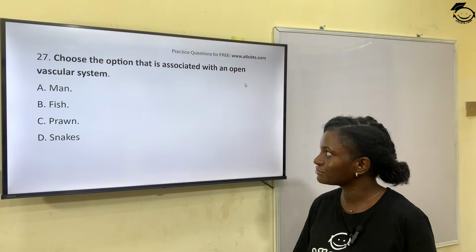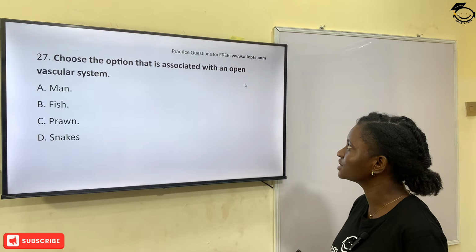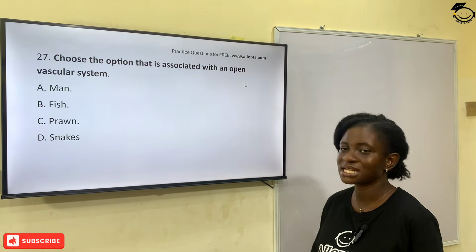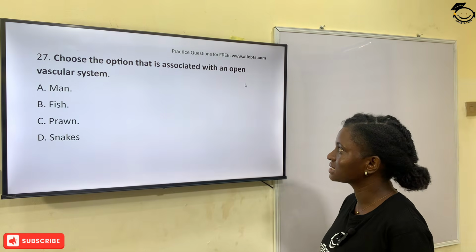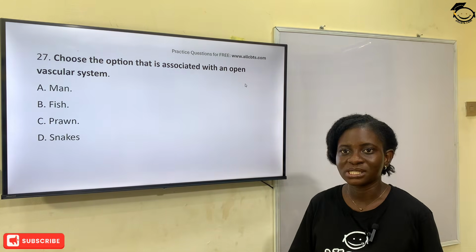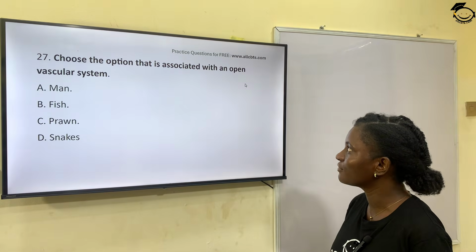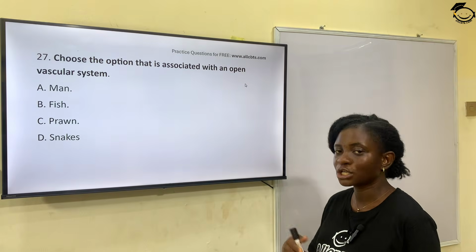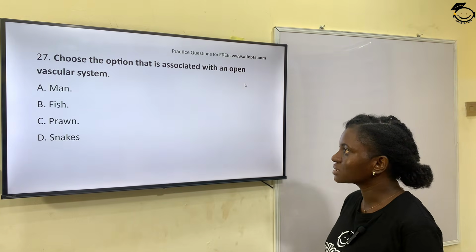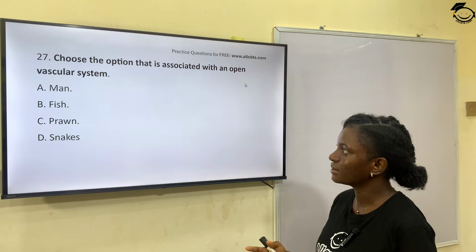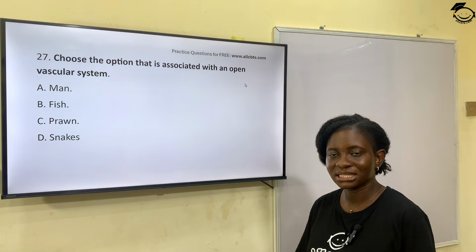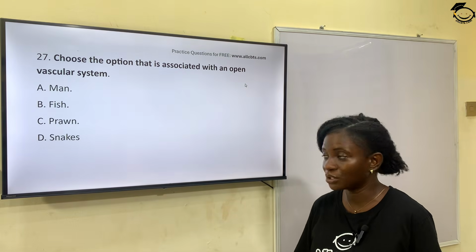Question 27. Choose the option that is associated with an open vascular system. This has to do with blood flow. So let's look at it. We have open vascular system and closed vascular system. Closed vascular system is when blood remains in the blood vessel.